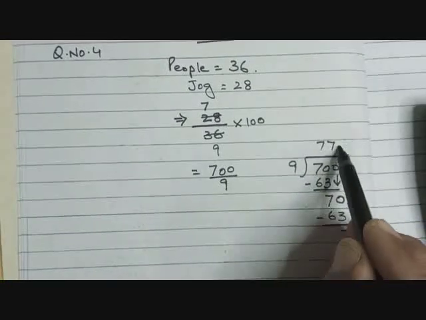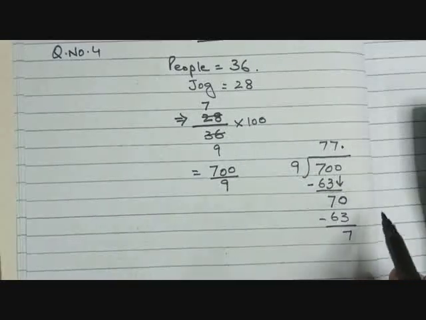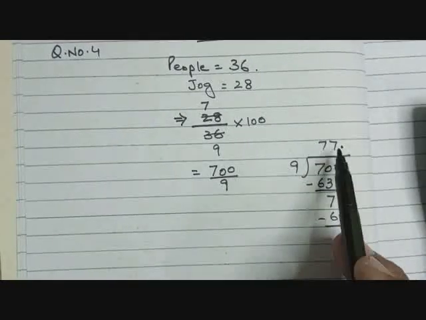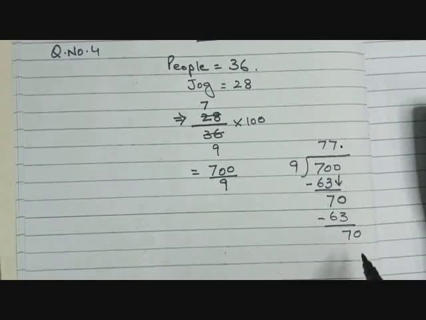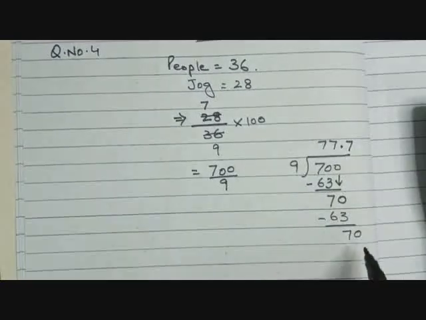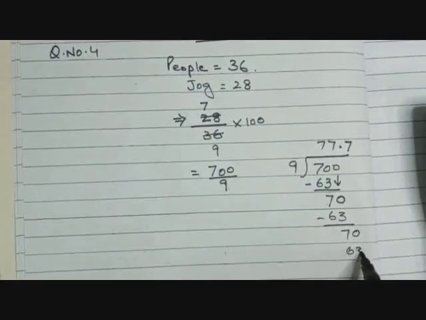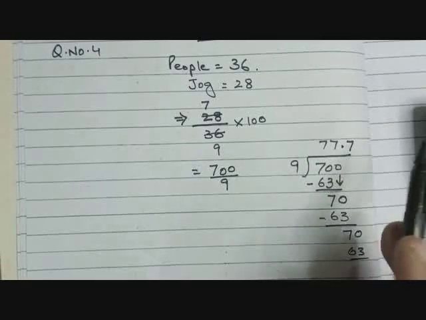So what we do, we put a point over here, and for this point we are allowed to put a 0 over here. Now again we are with 7, 63, and again and again 7. So let me round it.